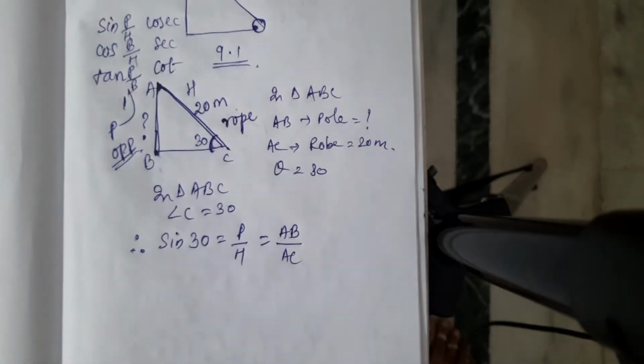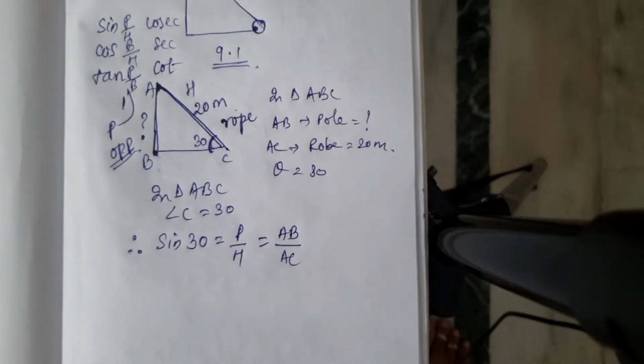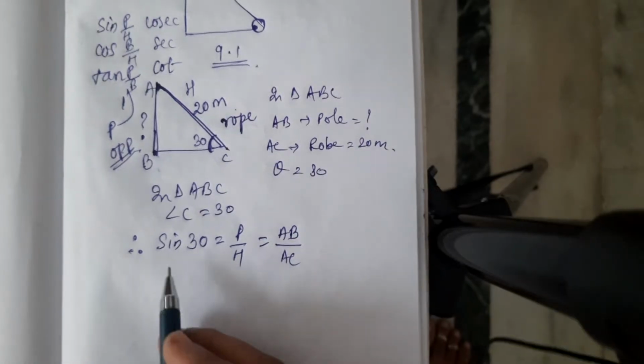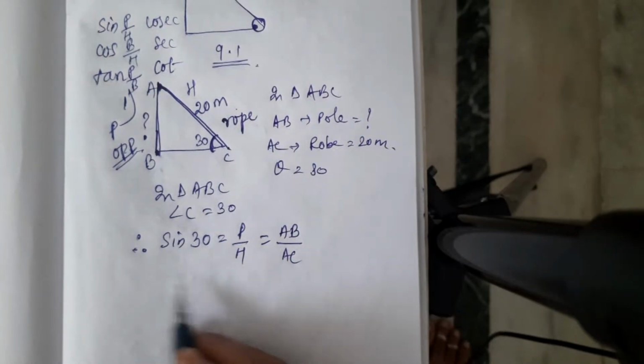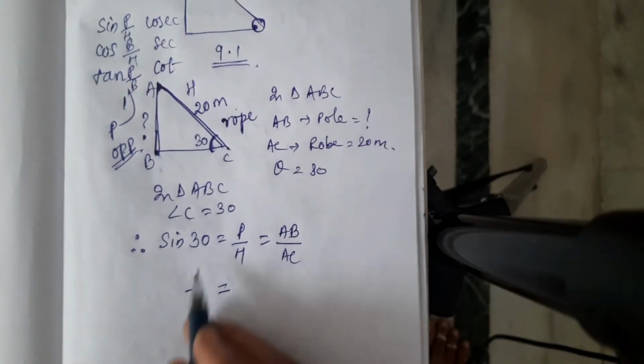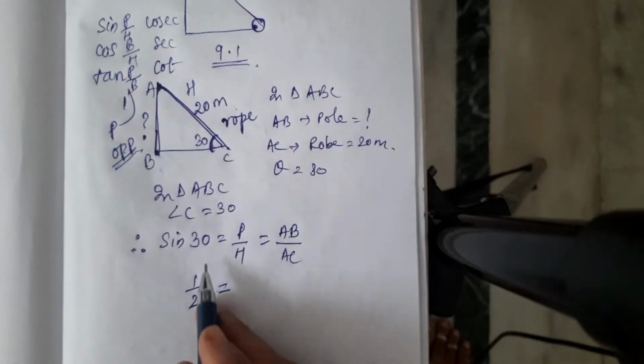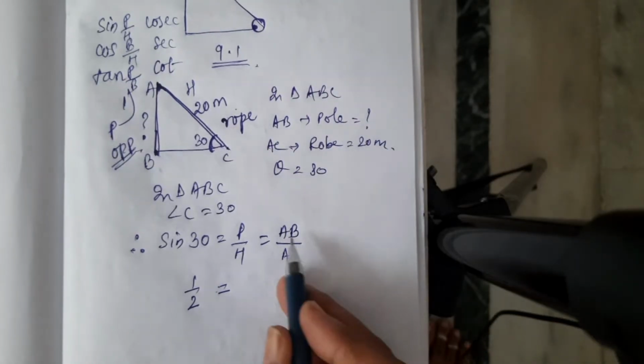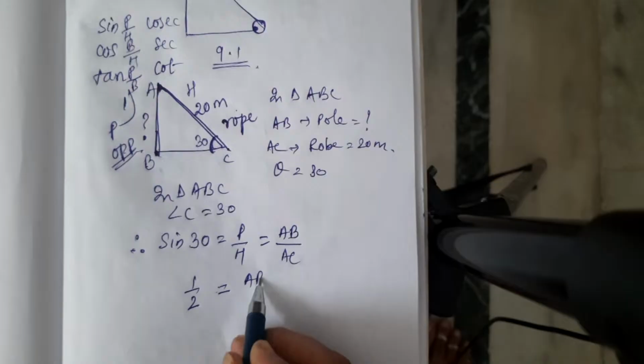From the trigonometrical ratio table which you already used in the previous chapter, chapter number 8, sine 30 value is half. So here sine 30 is half. We will replace sine 30 by half. AB we need to find out.